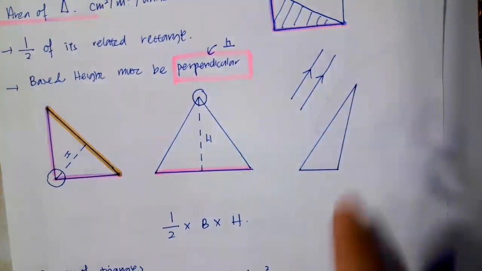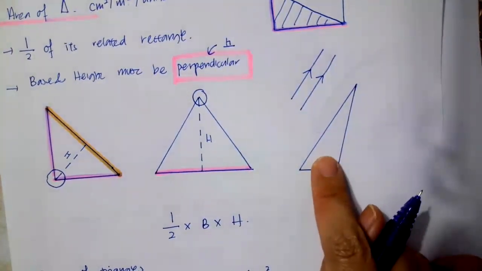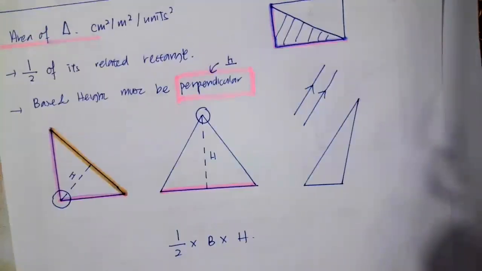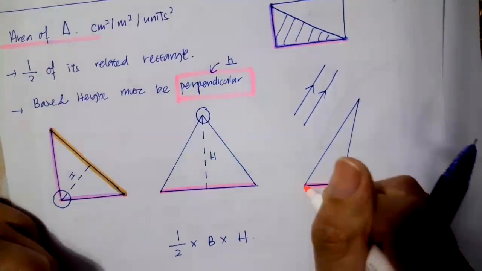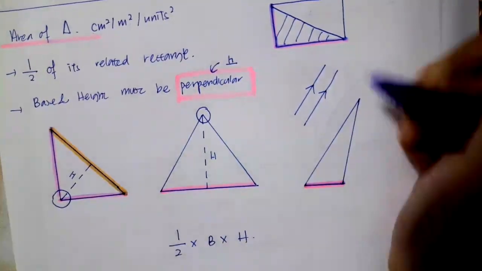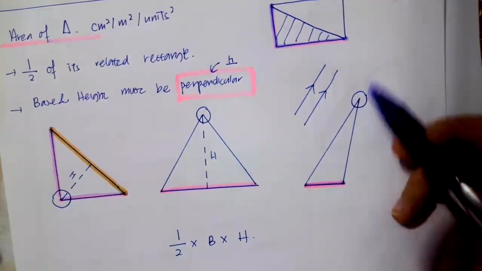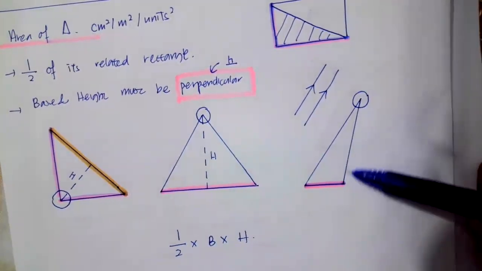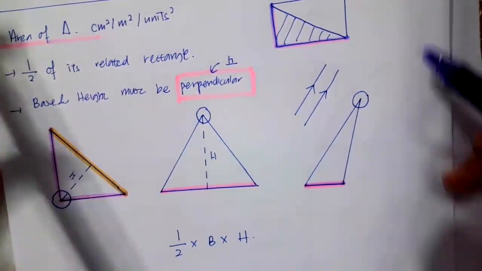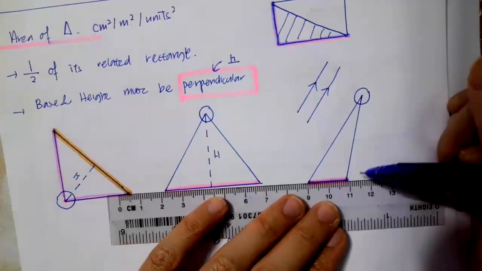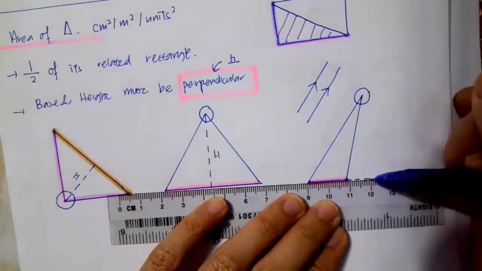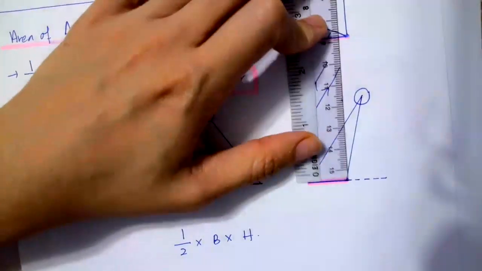Okay. And the last but not the least, this is the slanted triangle. So my base, it is my base. The highest point is this now. So my height must meet this highest point. It is not this line because this line is slanted. Remember I told you it must be perpendicular. So we can extend the base a little for us to slide our ruler on it to get to the right angle.